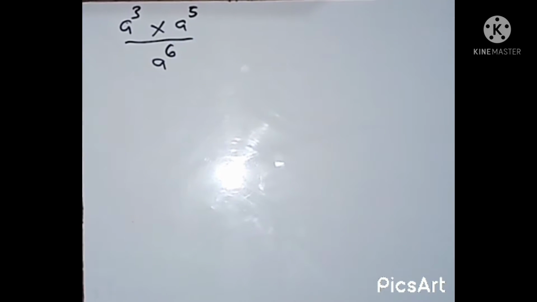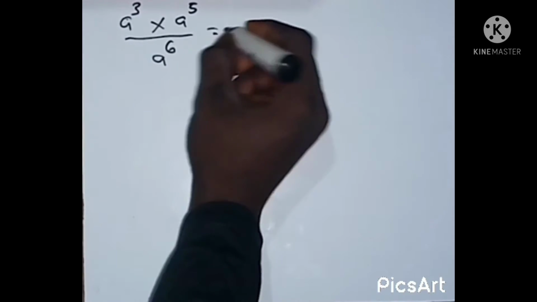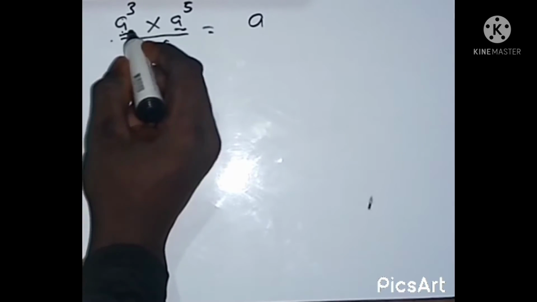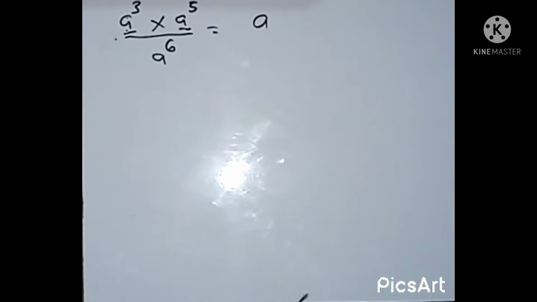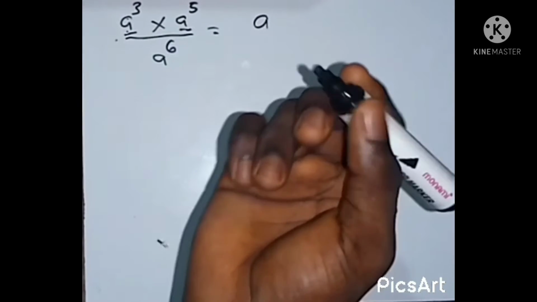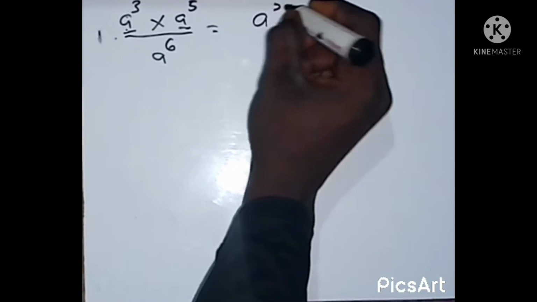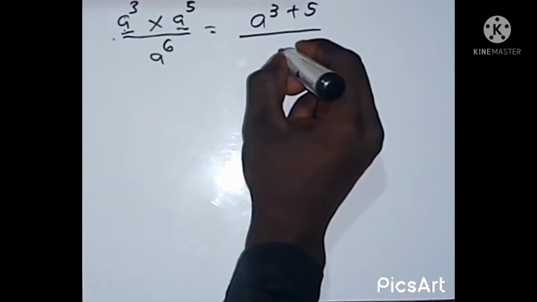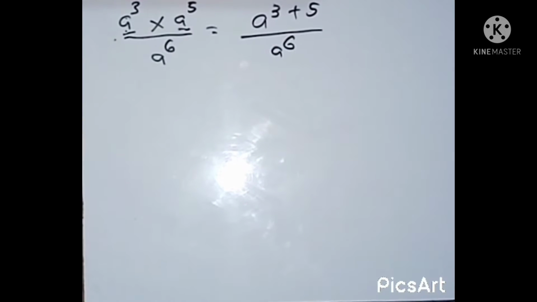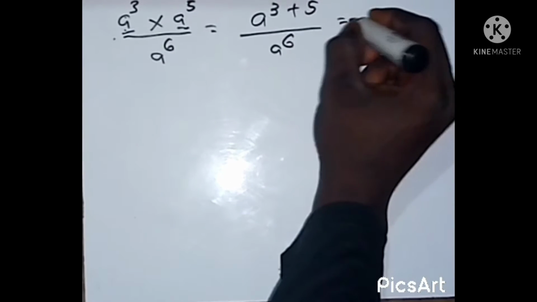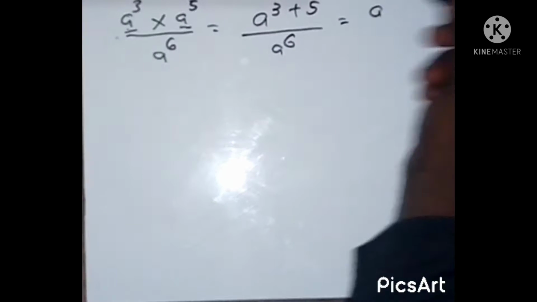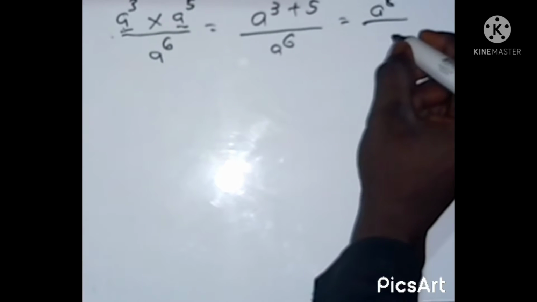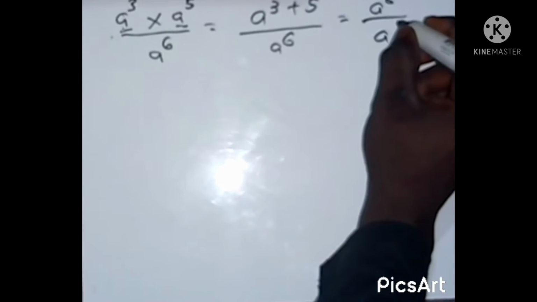So in this case, we are going to have a exponent 3 plus 5, all over a exponent 6. So a exponent 3 plus 5 will give us a exponent 8 over a exponent 6.